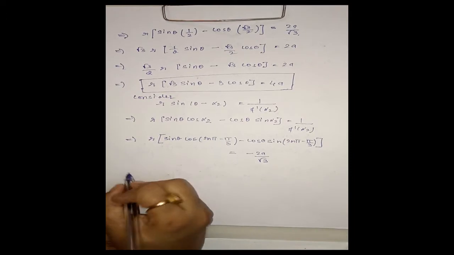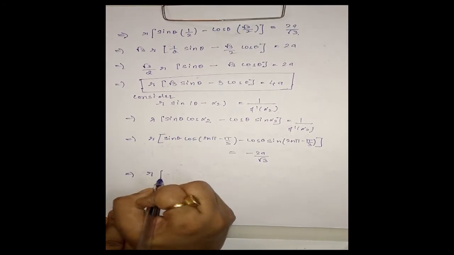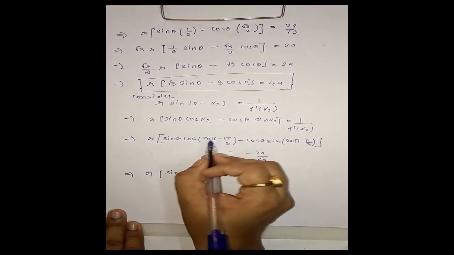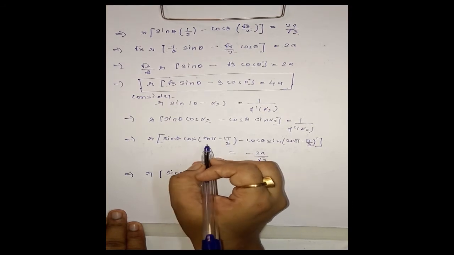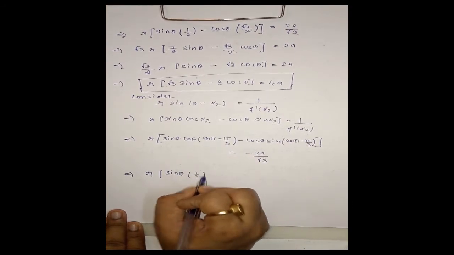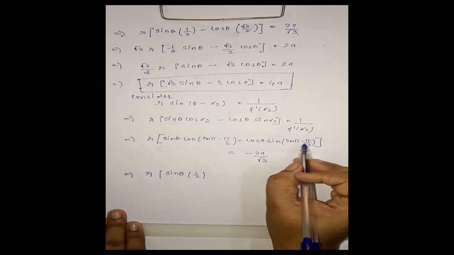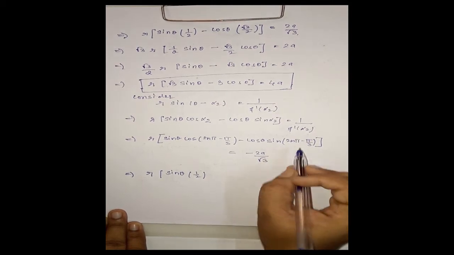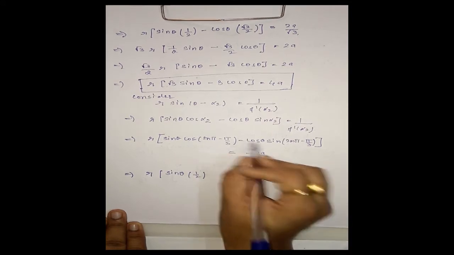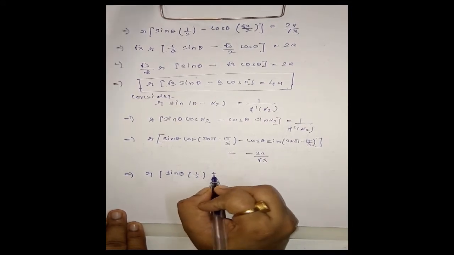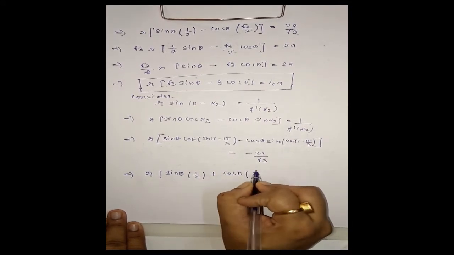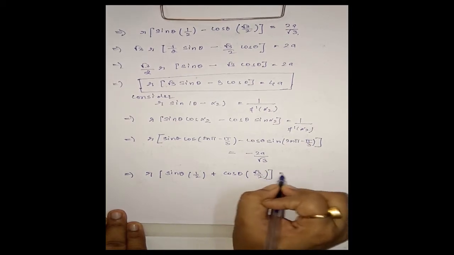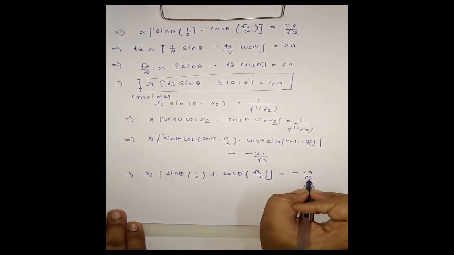Cos(2n pi minus pi by 3) is cos pi by 3, which is 1 by 2, and sin(2n pi minus pi by 3) is minus sin pi by 3, which is minus root 3 by 2. Minus minus will get cancelled out, and this will give us cos theta into root 3 by 2 is equal to minus 2a by root 3.